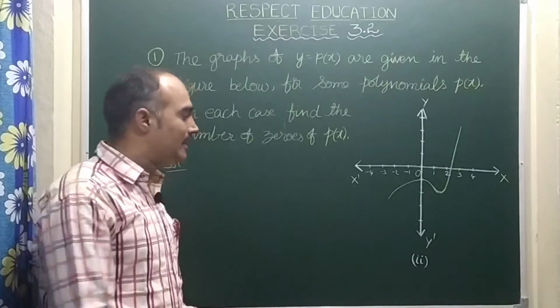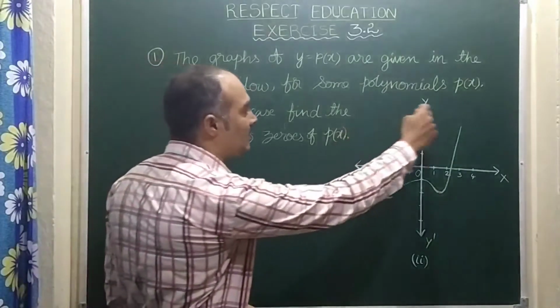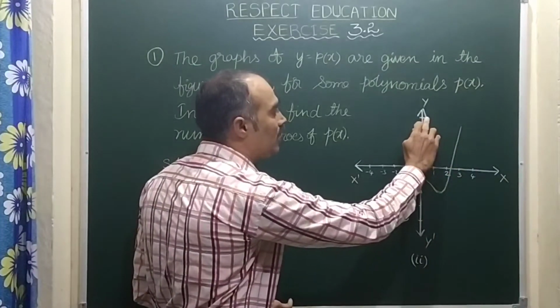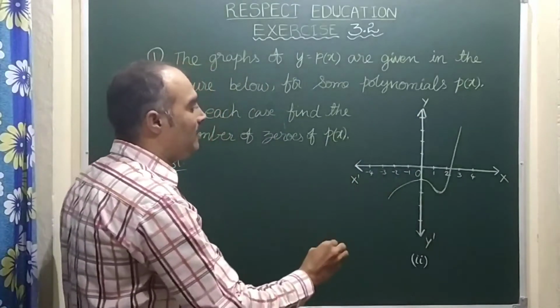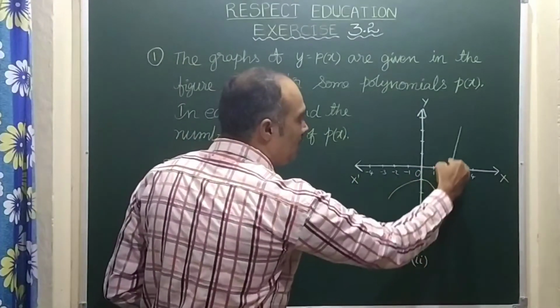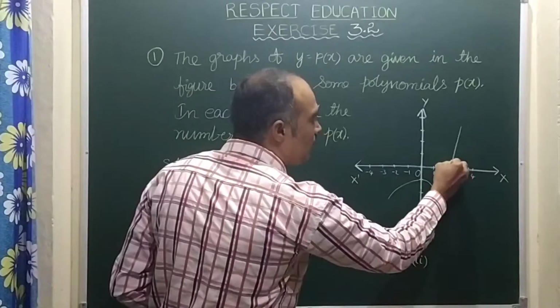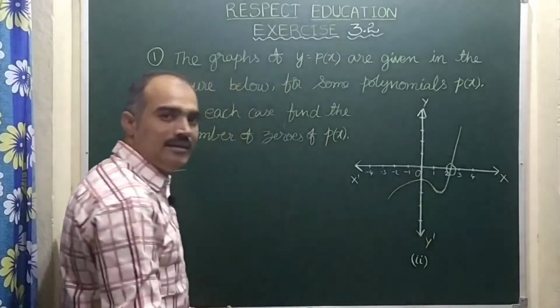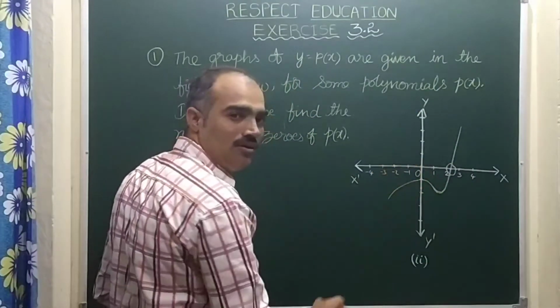Now let us see the next bit, that is the second bit. Here is the graph given. We are asked to write the number of zeros. Here you observe, children, the given graph intersects the x-axis at only one point, right? So this graph has only one zero. Let us write that.